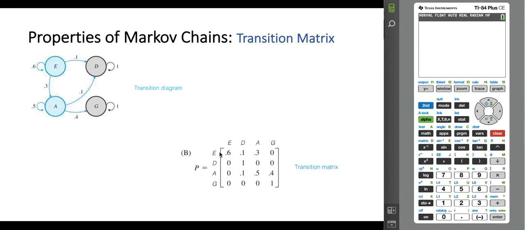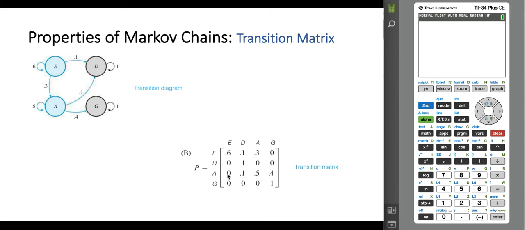You're going to read this transition matrix coming in this way and going across. So from the entry level, going back into entry level is 0.6. That's this number right here. Coming out of entry level, going into dropout is 0.1. Out of entry, into advanced, 0.3. And that means nobody that's in entry level graduates.